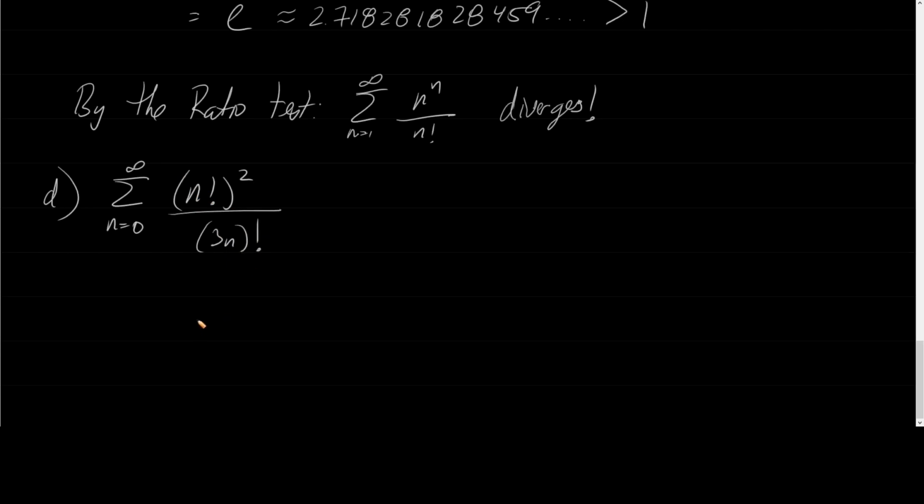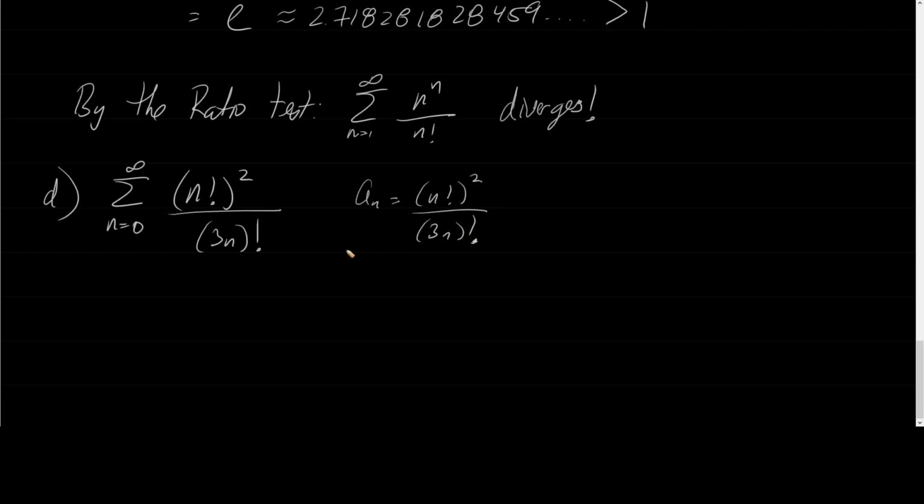Okay, so let's see what we can do here. Our a sub n here is n factorial squared over 3n factorial, right?